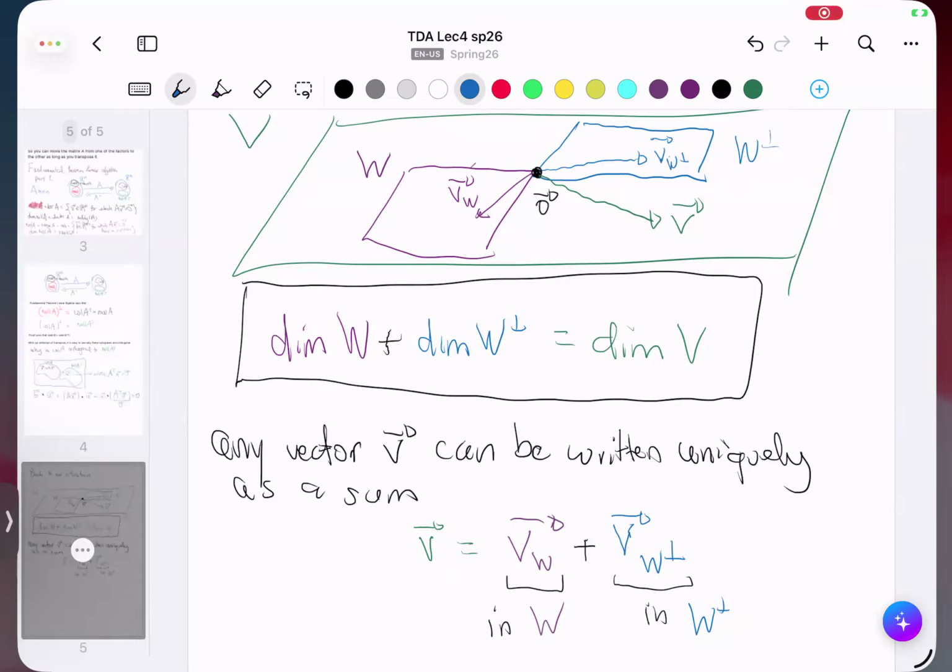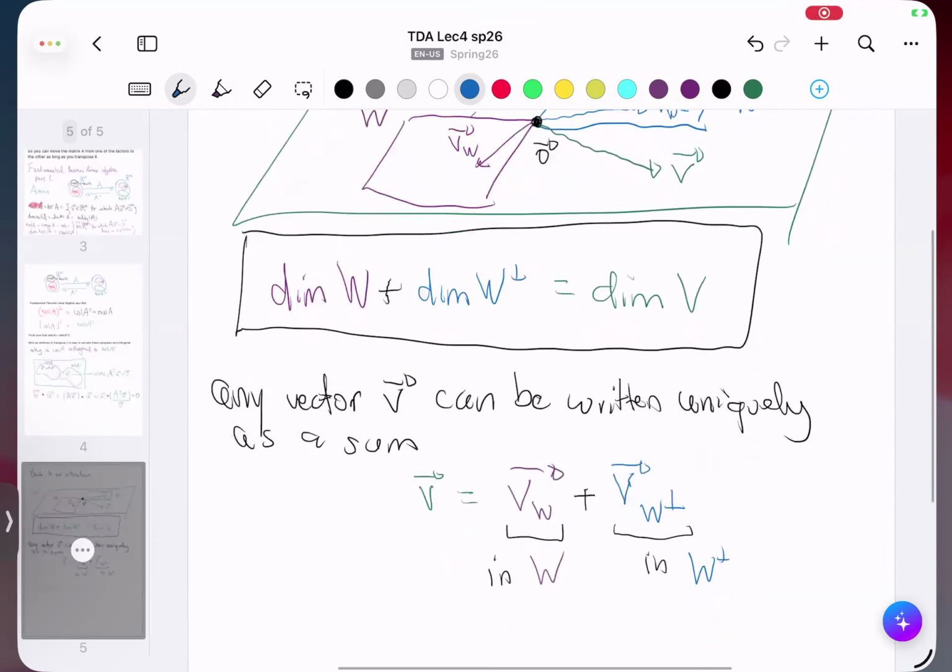Okay, just to give you a more interesting example, because we will also want to analyze these sorts of things. So here's an interesting example of a vector space.